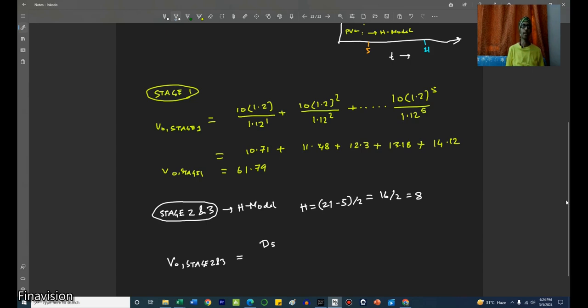D5. Here the initial dividend is D5 into 1 plus GL by R minus GL, plus D5 into H into GS minus GL by R minus GL, that is, here GL means G3 and GS means G2.